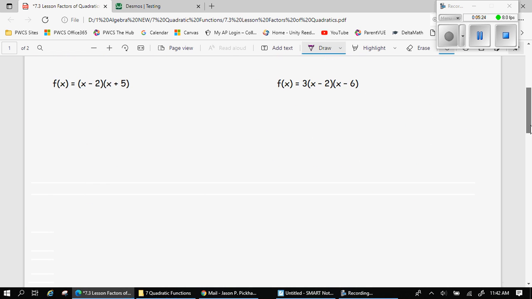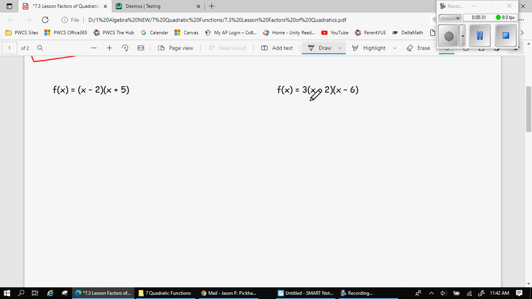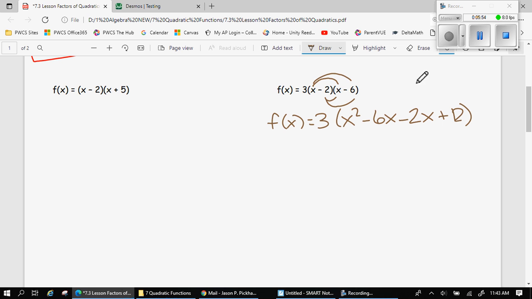I'll do one more. I'll do the more challenging one maybe. Over here is like the first one we did. I'll start with the parentheses first. I'll keep the 3 out in front for now. X times x is x squared. X times negative 6 is negative 6x. Then I'm going to multiply both by negative 2. I get negative 2x and positive 12.